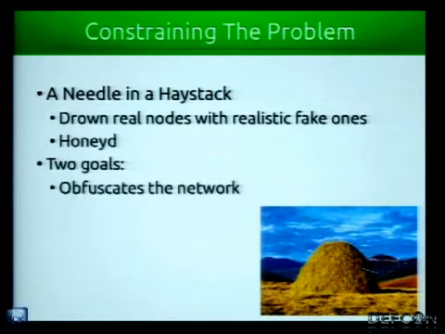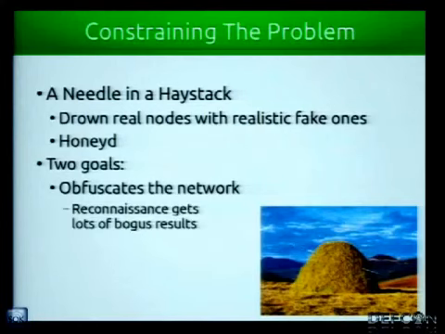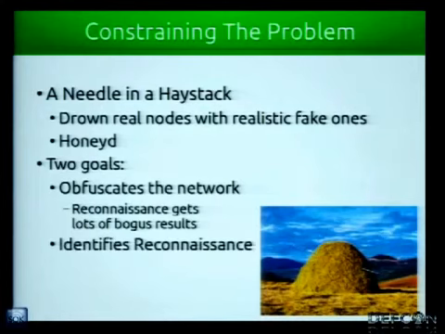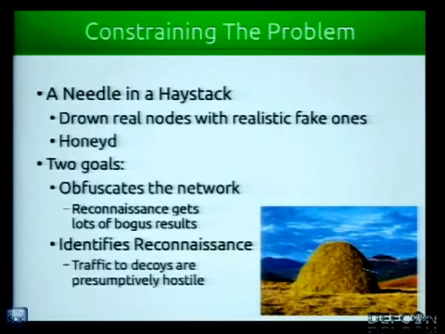So we're going to have two goals here for the system. We want to obfuscate the network, giving reconnaissance lots and lots of bogus results, making it much harder or possibly useless. And then we're also going to want to identify reconnaissance. Because one of the unique things about this setup is that because you've got all these decoys, these honeypots, any traffic going to the honeypots is presumptively hostile, right? So you could say, why are you talking to the decoys?